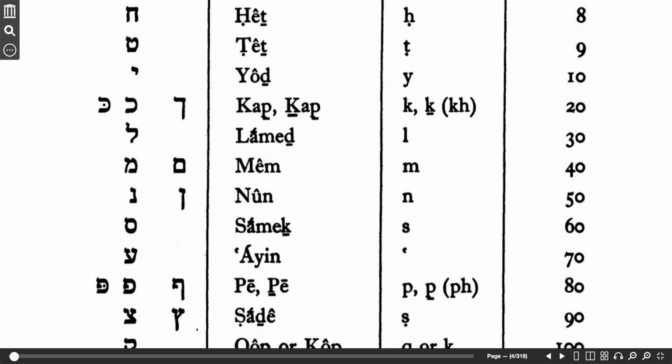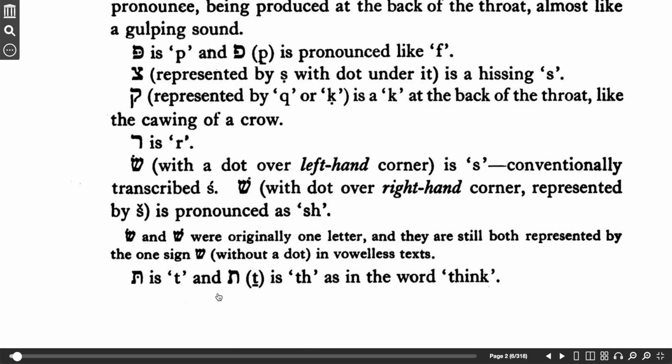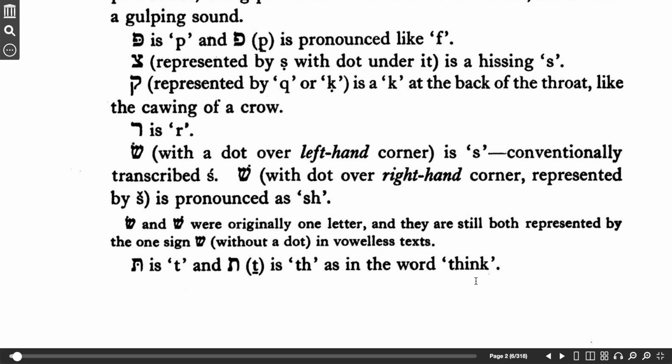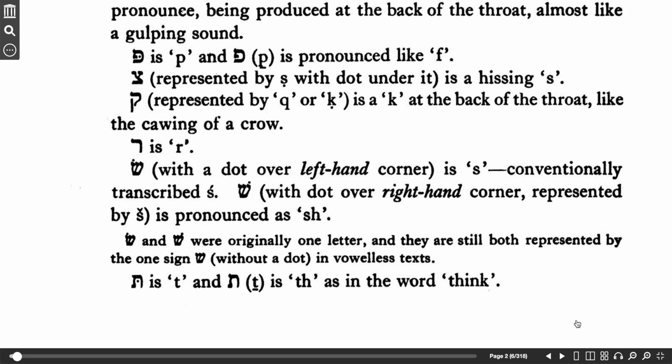That would be the dull T. But here is the regular T. If it has the dot, it's the regular T. If it doesn't have the dot, it's like a TH, like in the word think. So you're going to see letters that are parallel with transliteration, but you want to be aware of how the language operates, how it functions, and how things look.